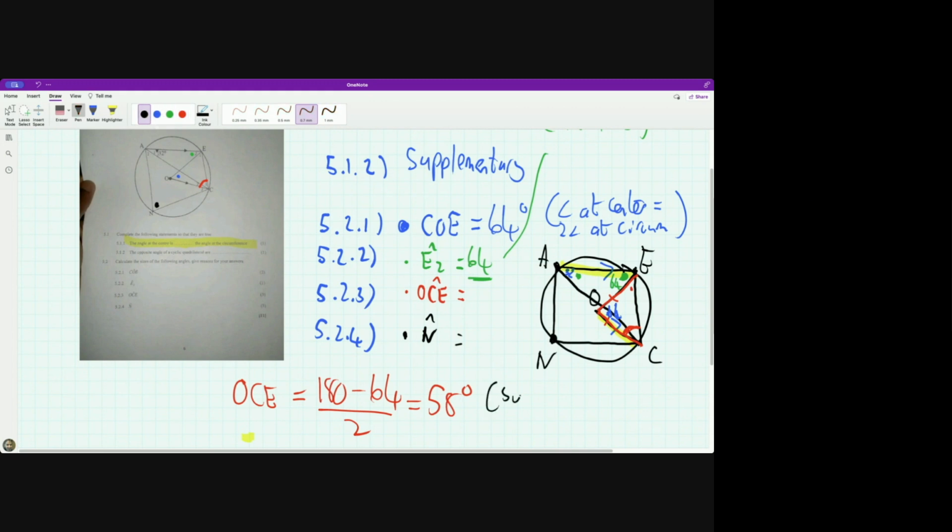The two reasons I've used are sum of angles in triangle, and angles opposite equal sides, or we could have said radii. So what we then know is that this is going to be 58. And in fact, both of these are going to be 58.